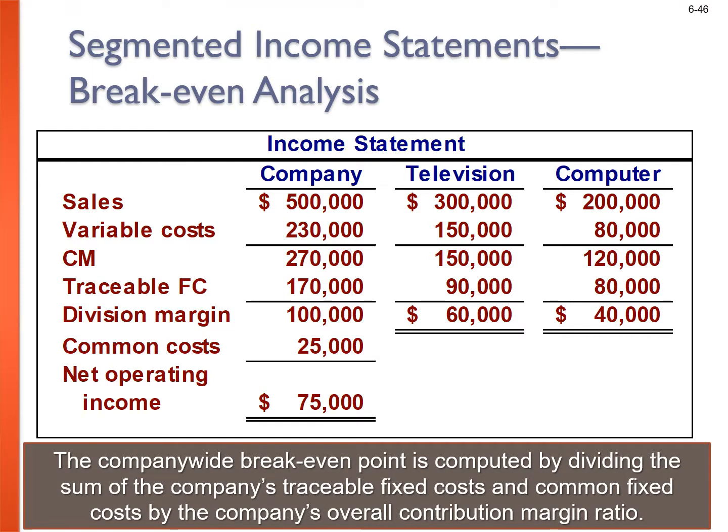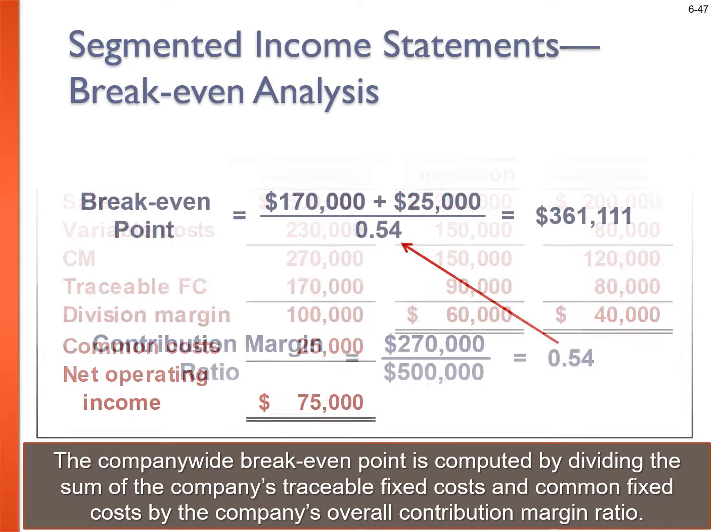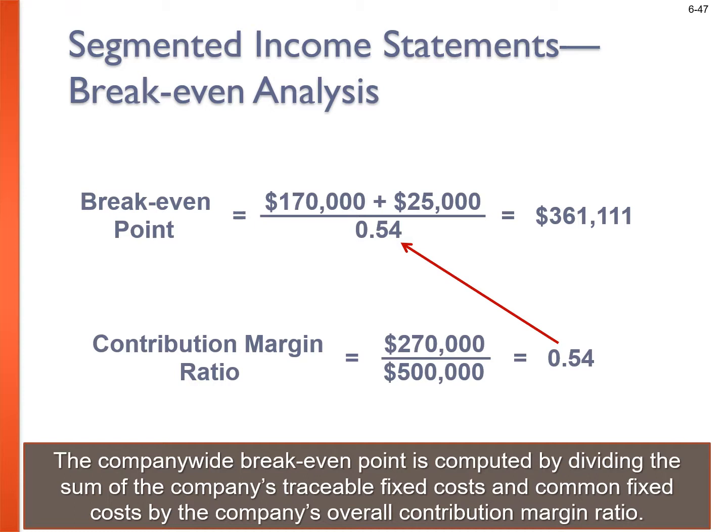The company-wide break-even point is computed by dividing the sum of the company's traceable fixed costs and common fixed costs by the company's overall contribution margin ratio. So if we take the 170,000 plus the 25,000 divided by the contribution margin ratio, 270,000 contribution margin divided by sales of 500,000 is 0.54. Break even in sales, $361,111. Now that gives us the company's total break even in sales.